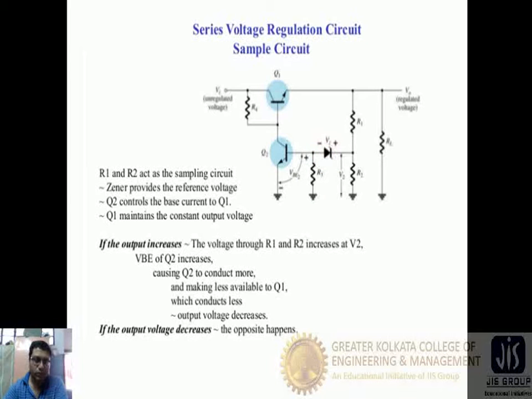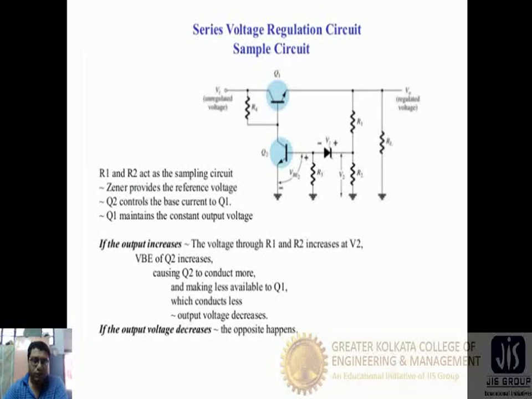If the output increases, the voltage through R1 and R2 increases at V2. The VBE of, that means base to emitter voltage of Q2 increases, causing Q2 to conduct more and making less current available to Q1, which conducts less.